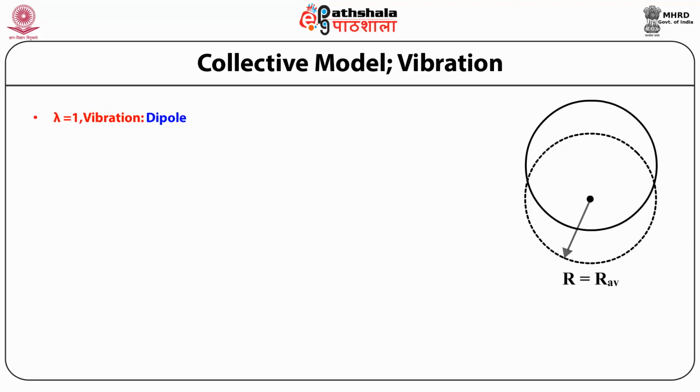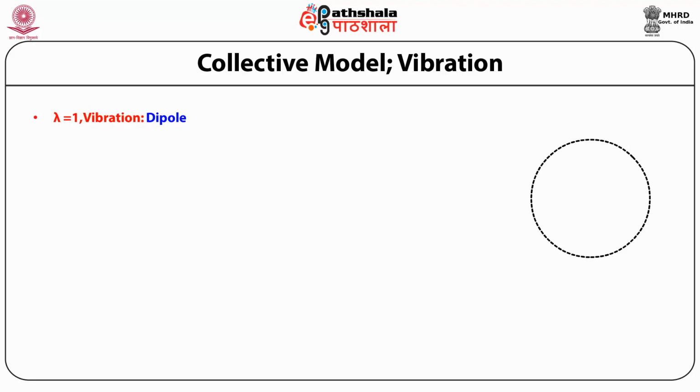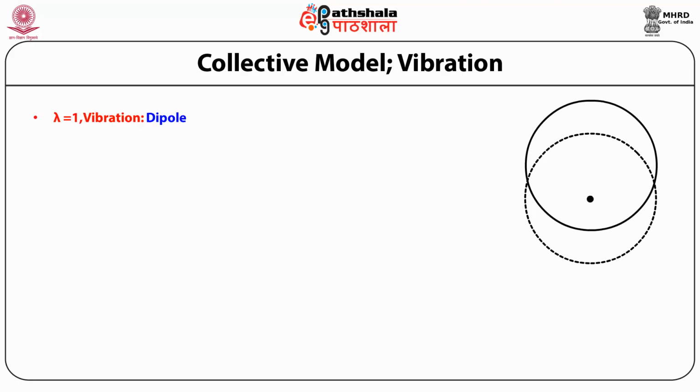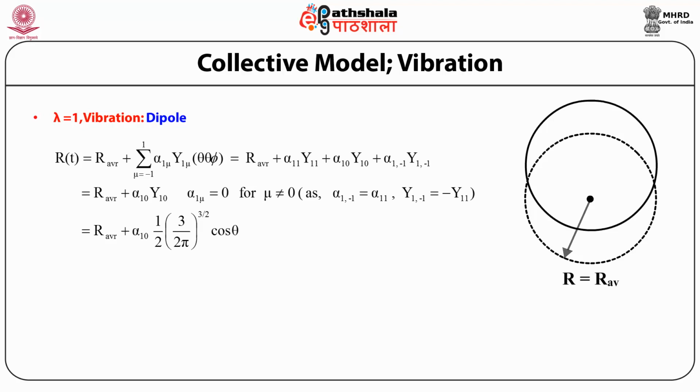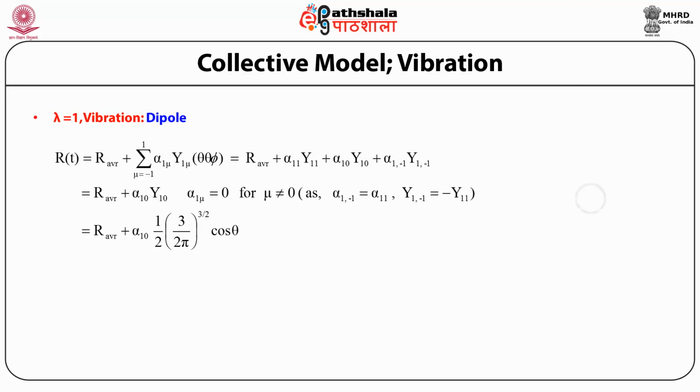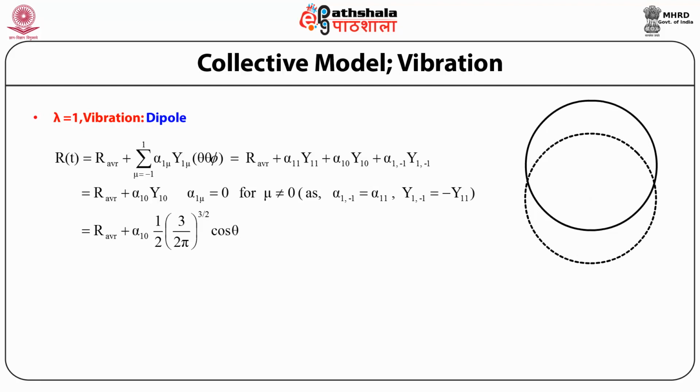In this dipole mode of vibration, if we put λ equal to 1 in the expression for R(θ, φ, t), we get R(t) = R average, that is R0, plus the sum over μ equal to −1 to +1 of α1μ Y1μ(θ, φ), which reduces to R average plus α10 (1/2)(3/π)^(1/2) cos θ.